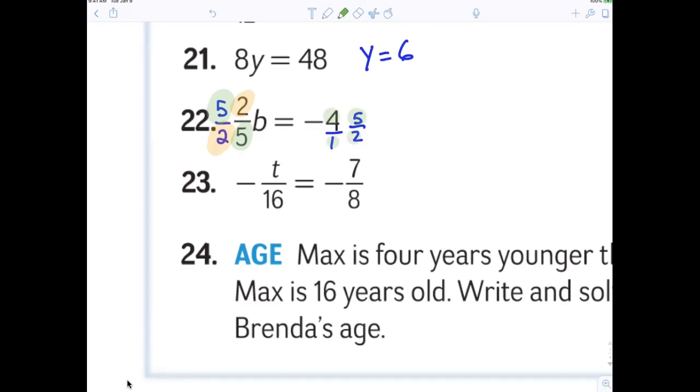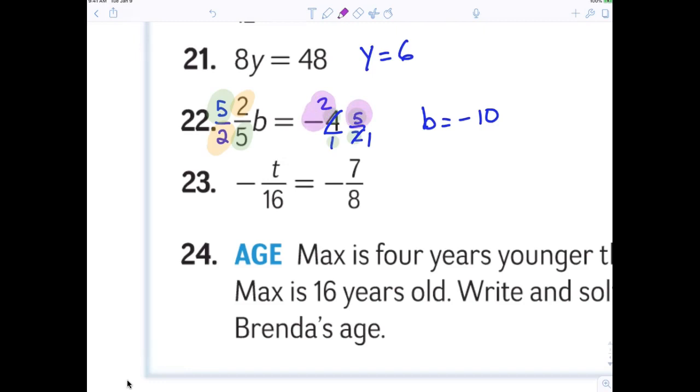Yes. So 2 goes into 2 how many times? 1. And 2 goes into 4 twice. So B is equal to what? 10. Negative what? Negative 10. Because essentially what we're doing now is we're multiplying -2 times +5, which is -10.